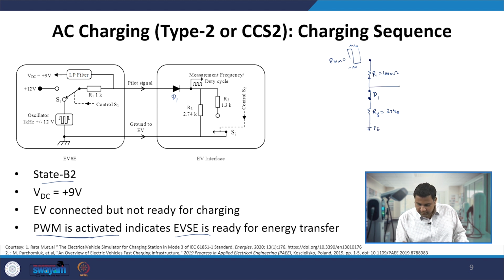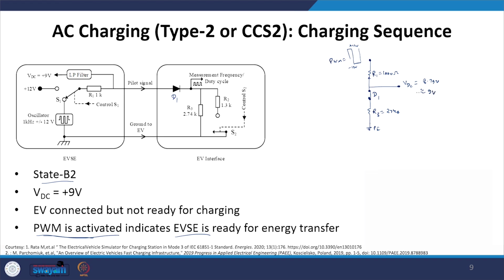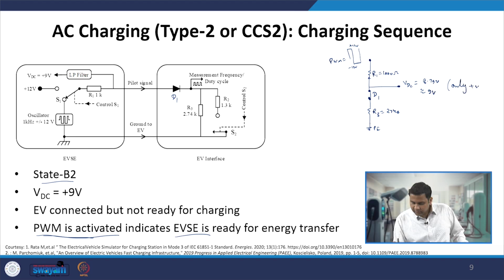So at this point we have VDC, which only goes up to plus 8.79 volt, nearly equal to 9 volt, because only the positive polarity is activated due to the presence of the D1 diode.